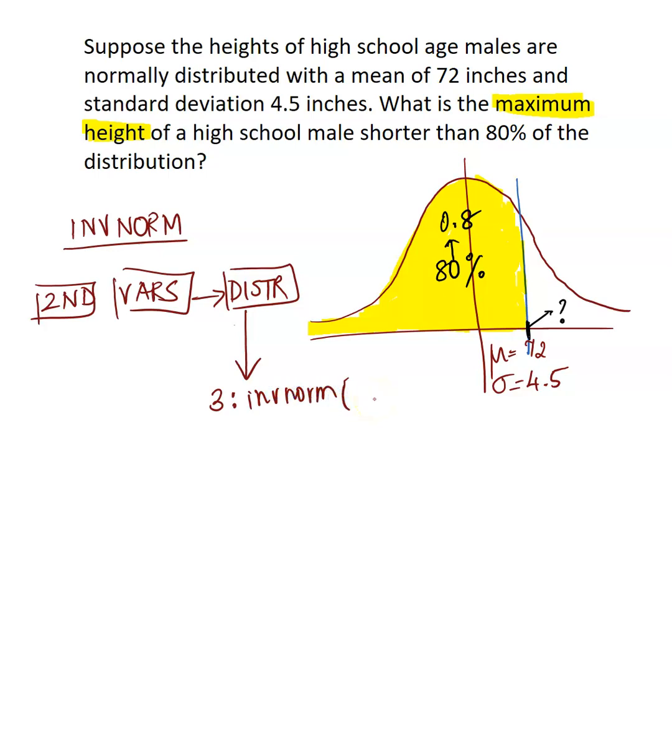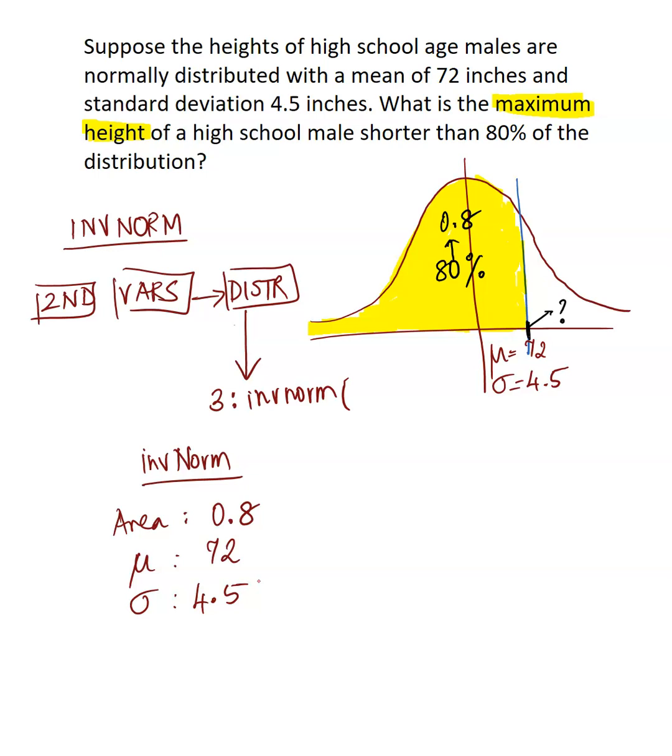Use that, hit enter, and it opens a new screen, the invNorm screen, which says area. We know the area is 80%, which is 0.8, so enter 0.8. Then mu is 72, enter 72, and sigma is 4.5, so enter 4.5.